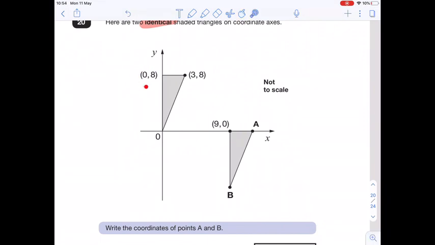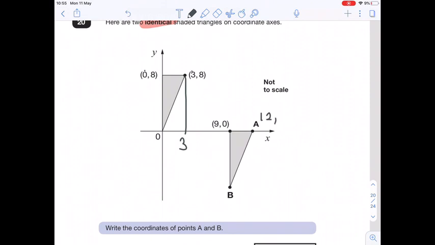We've got this one is 0, 8. So we know that that's on the 0 on the x-axis, and that's 3 on the x-axis. So we know that the width of that triangle is from 0 to 3. It's from this 0 to this 3. That's the width of the triangle. So if we're trying to work out what this one is here, that's 9. We know that the width is 3 because they are identical.